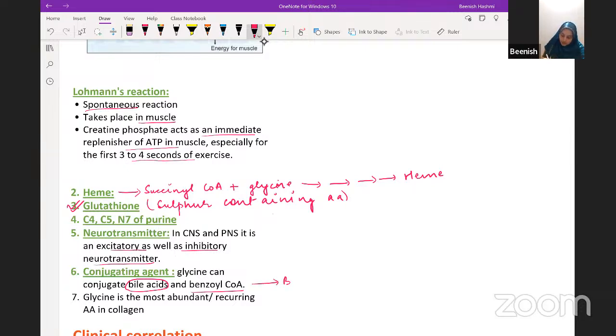Okay, so when we talk about the detoxification chapter, then we'll see that your benzoyl CoA conjugates with glycine to form hippuric acid. Okay, and then glycine is also the most abundant or recurring amino acid in collagen.